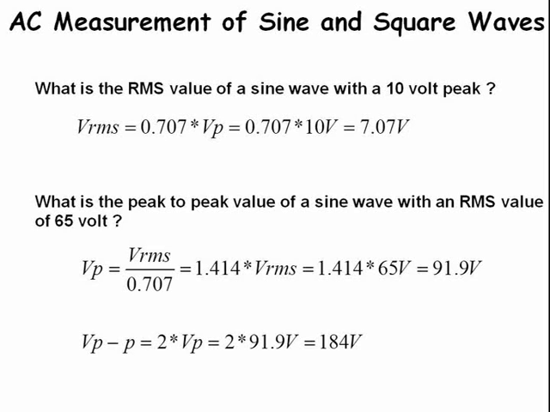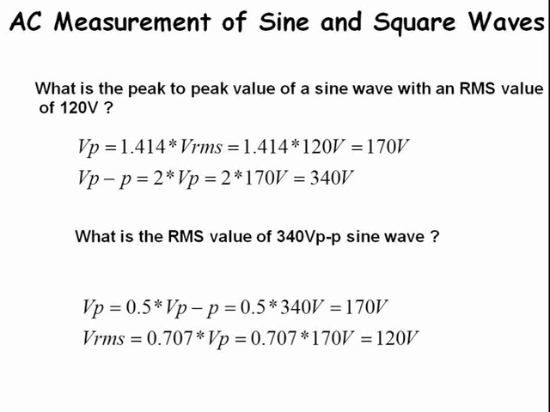To get voltage peak to peak, we first need to know voltage peak, which is volts RMS divided by 0.707, which equals 1.414 times the volts RMS, which equals 91.9 volts. Now the volts peak to peak will be twice the peak voltage, which is 2 times 91.9 or 184 volts.